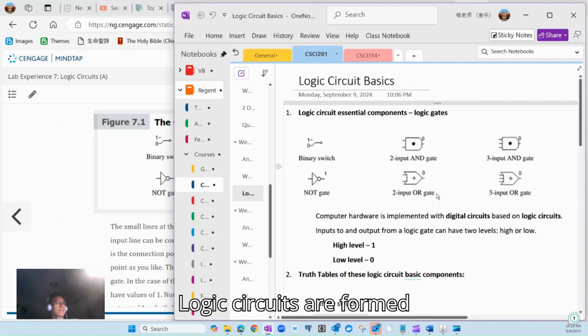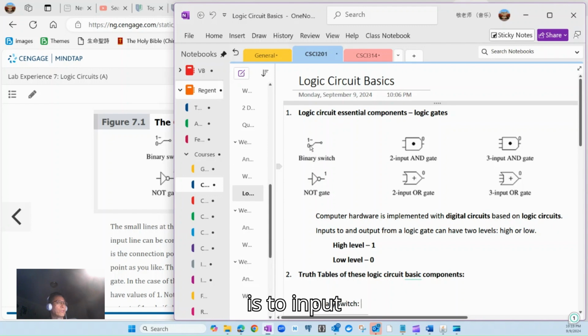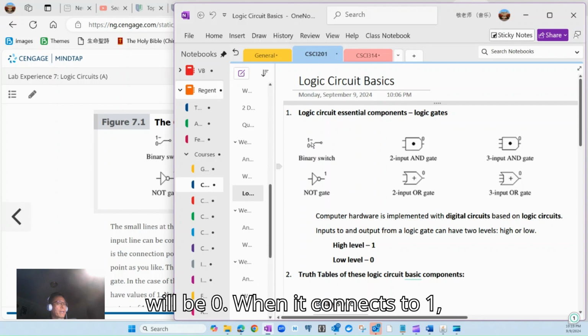Logic circuits are formed by these essential components. This is the binary switch. The binary switch is to input 0 or 1. When it connects to 0, the output of the binary switch will be 0. When it connects to 1, the output will be 1.